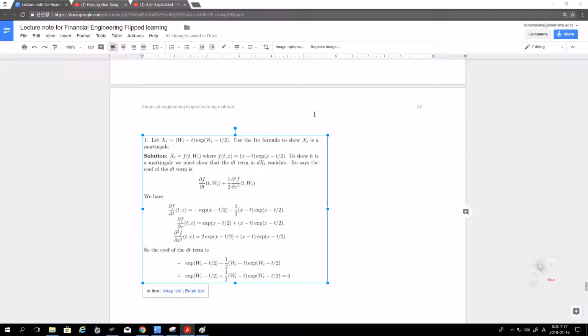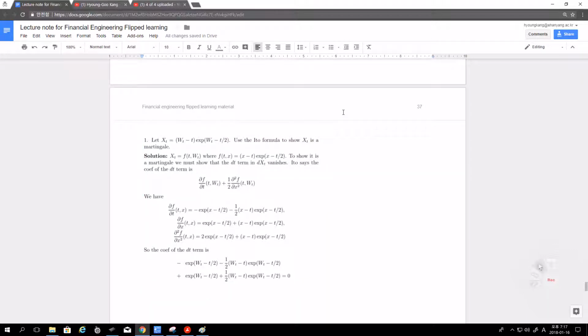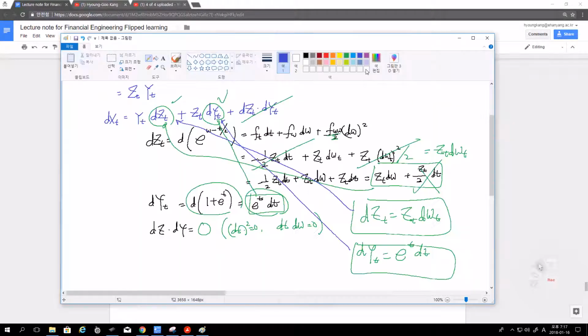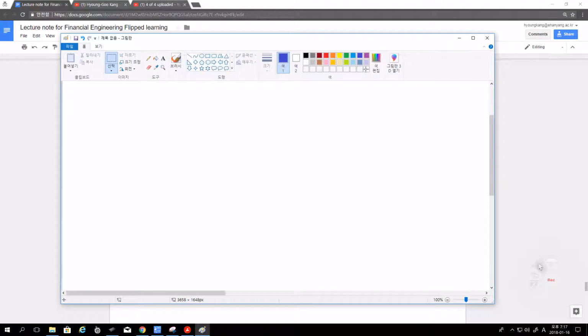What is a martingale? The definition of a martingale is that the drift term is zero, so the process xt is a martingale.